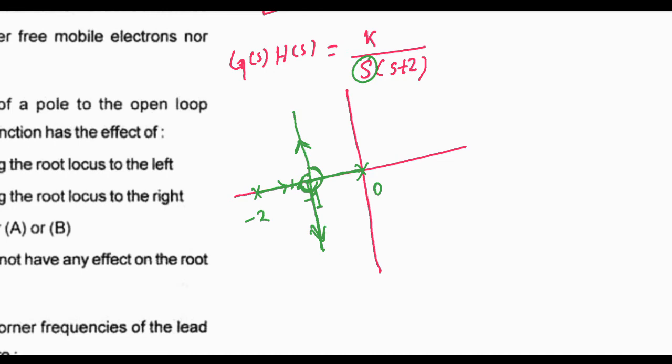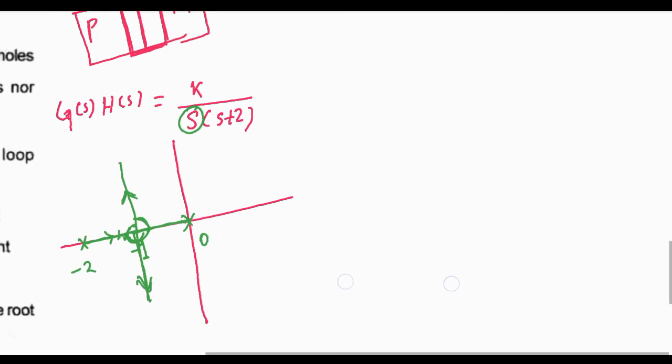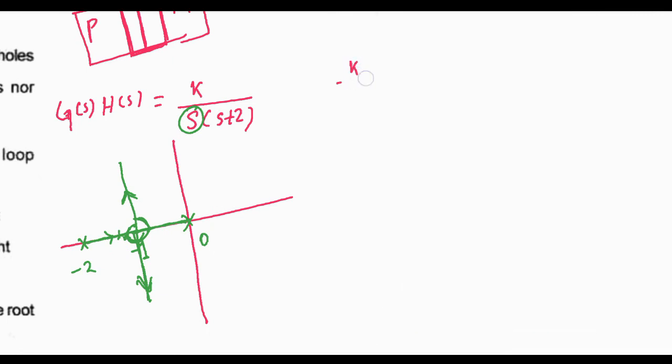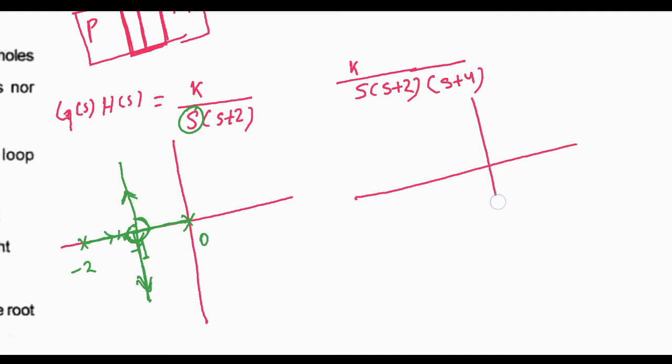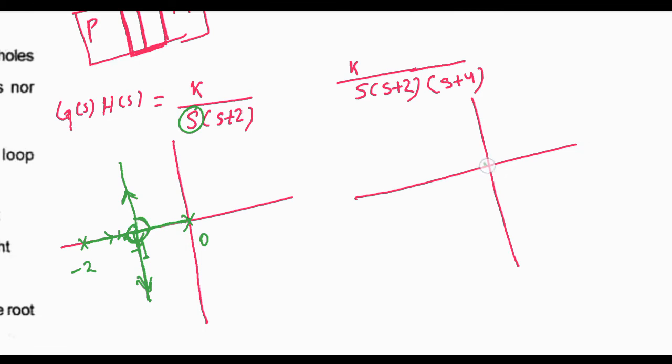Now if we add a pole, suppose next time we take K by s into (s plus 2). This is the previous one, and we add a pole at s plus 4. That means another pole, s equal to -4, is added now. So what will happen? This is the corresponding root locus.